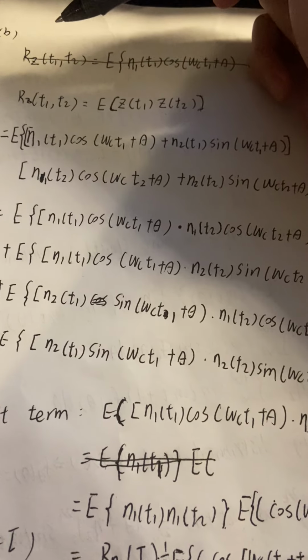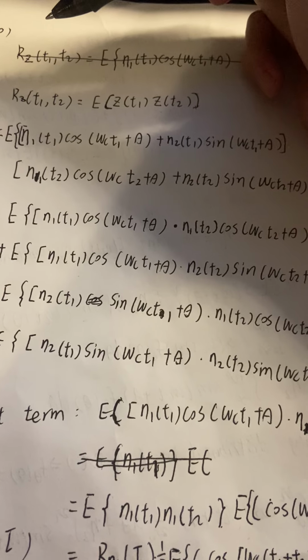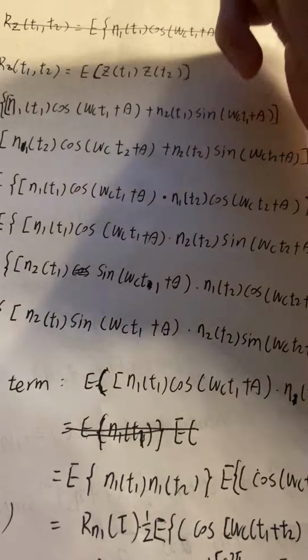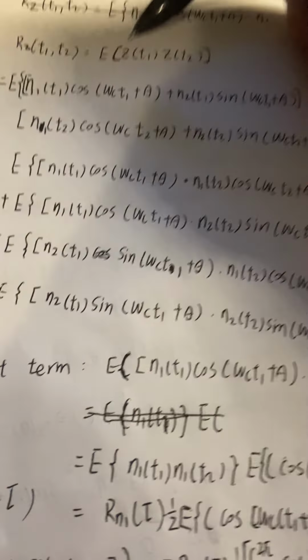For part B, we need to find the autocorrelation R_Z(t1, t2).